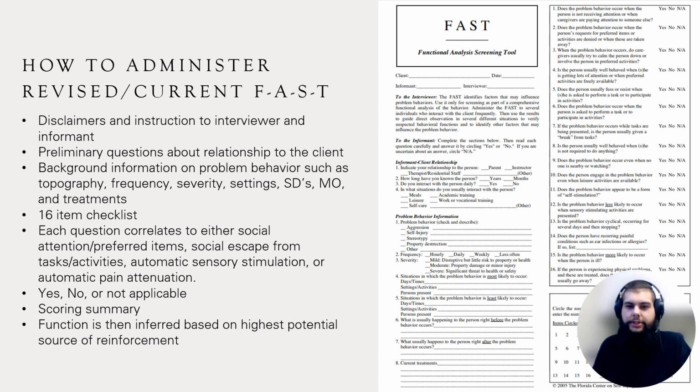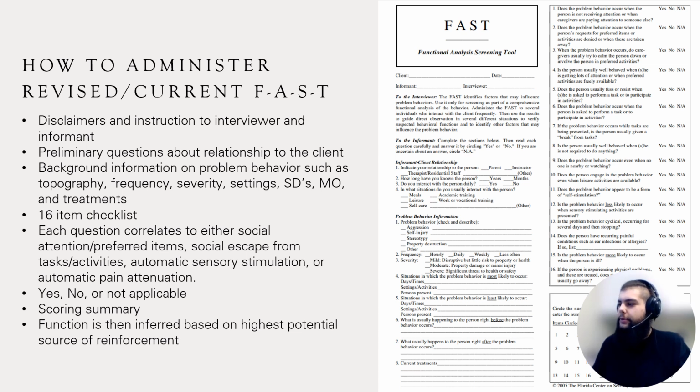Each question on this checklist will correlate to a different function of behavior. These being social attention, preferred items, social escape from tasks or activities, automatic sensory stimulation, or automatic pain attenuation, which is reduction. After these questions are answered, the yeses are then all added together, and the function with the highest total is the clearest hypothesized source of reinforcement of the behavior in question.